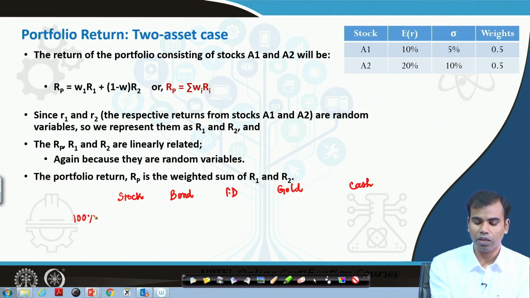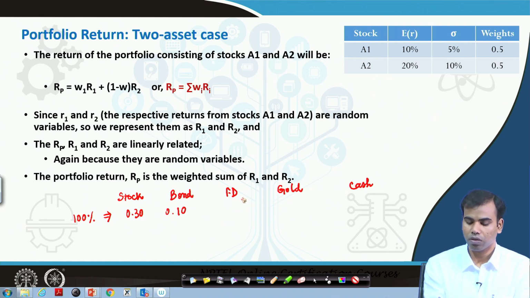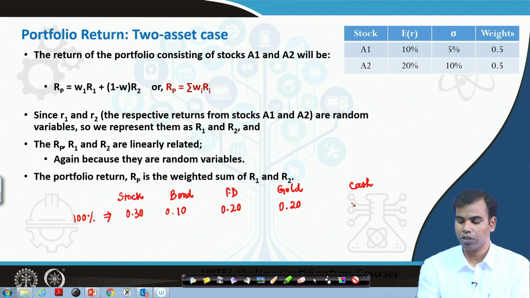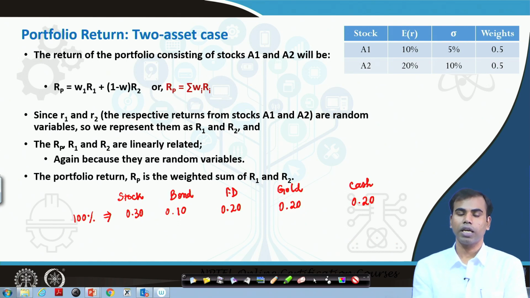You have to decide how much of total investment should go to stock. So, let us say 30% of your money should go to stock, 10% to bond, 20% to fixed deposit, 20% to gold or any other precious metal, and the remaining 20% you want to keep in cash.